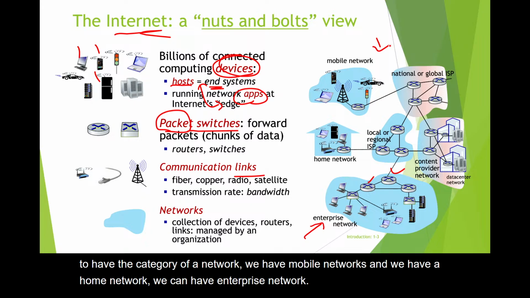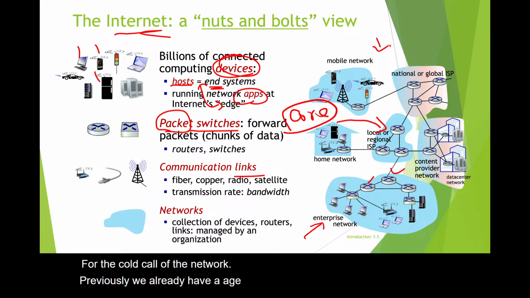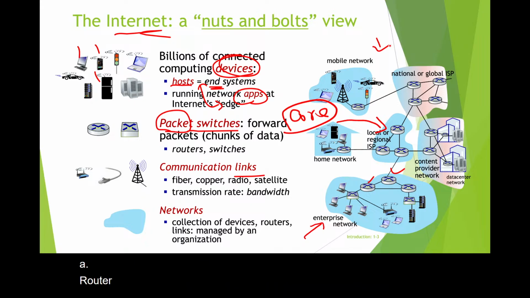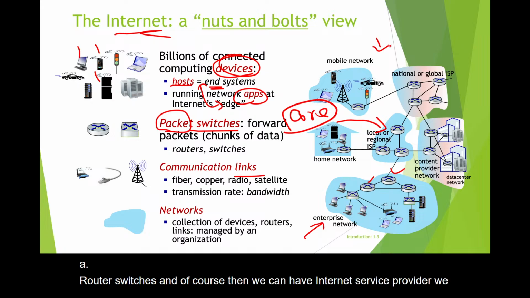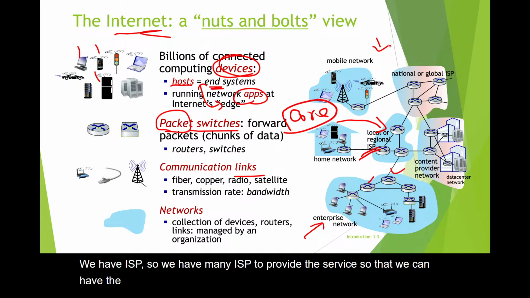For the core of the network, previously we didn't have the edge. So the core of the network, actually we have routers, switches, and of course then we can have internet service providers. We have ISPs. So we have many ISPs to provide the service so that we can exchange packets and so on.